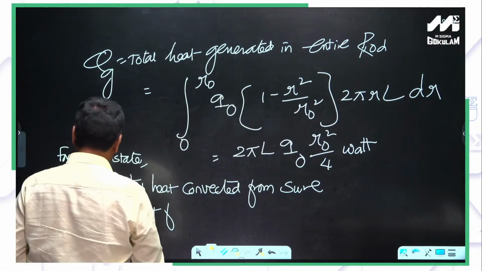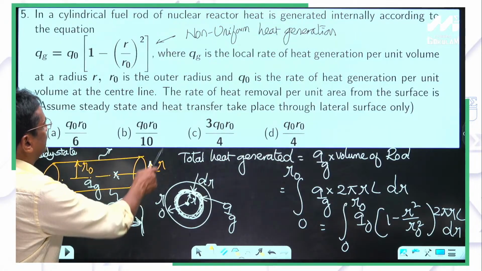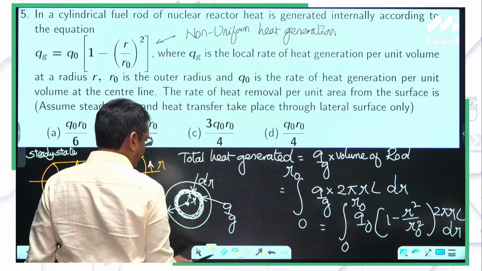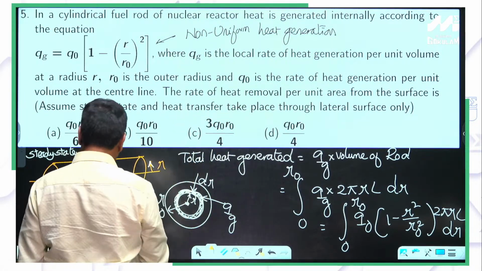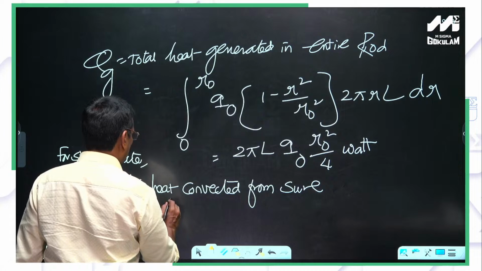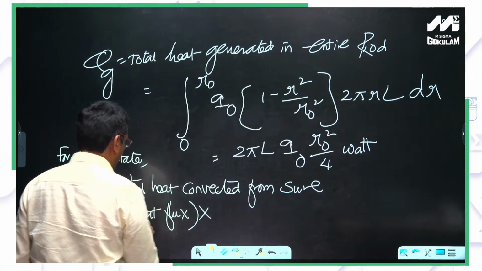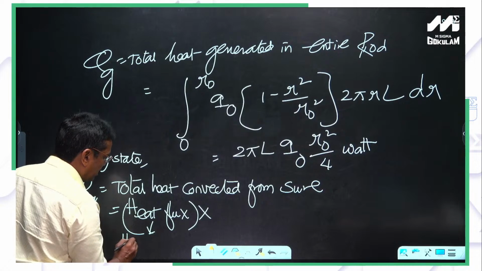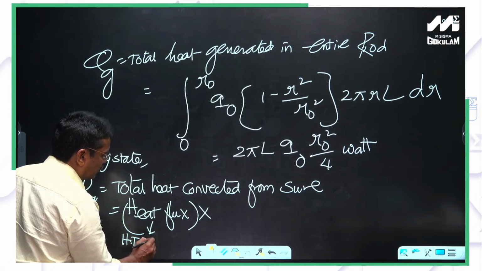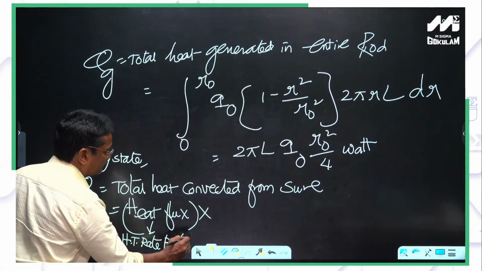Look at what question has been asked: the rate of heat removal per unit area, which is also called the heat flux. What is the meaning of heat flux? Heat transfer rate per unit area.